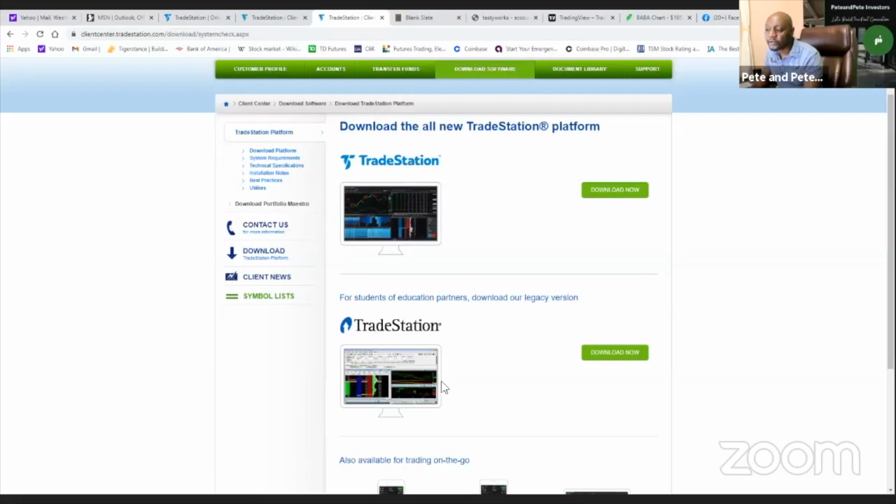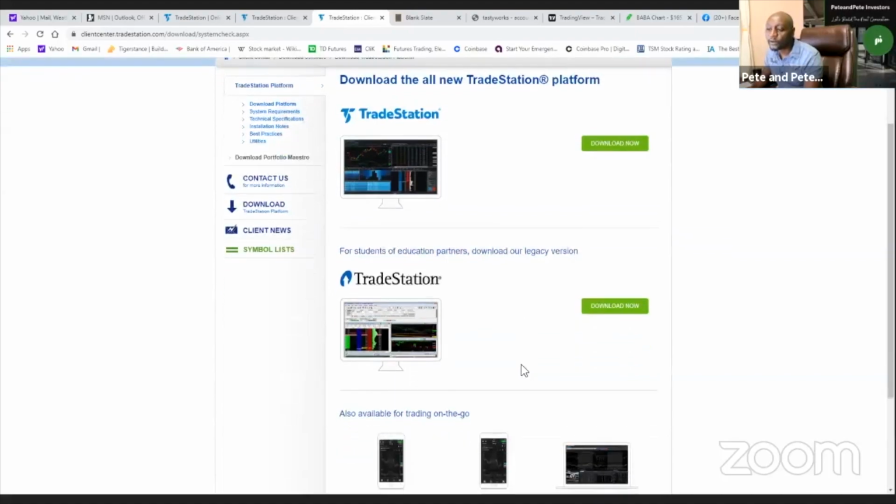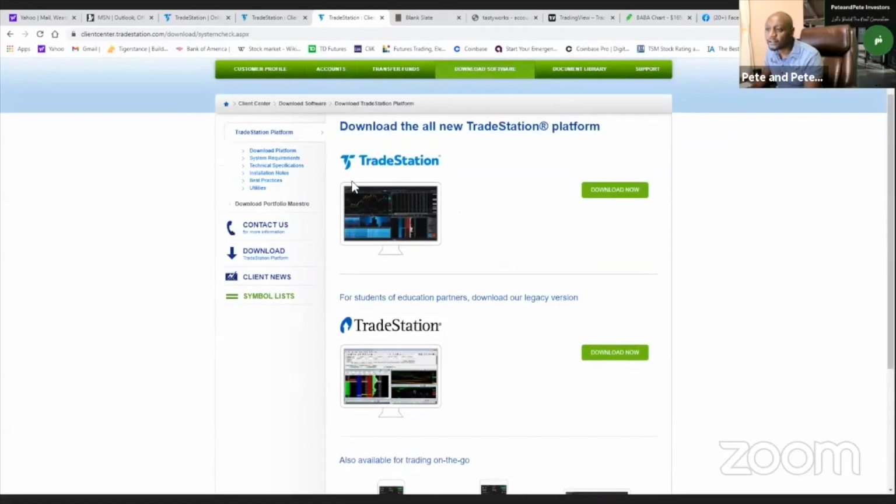I prefer 9.5. This is what I've been used to. It's very easy for me to do. I will take a look at 10.5 because some people have asked whether it's worth doing, because I've been so used to TradeStation 9.5. So we'll see what happens with 10.5 once I review it.